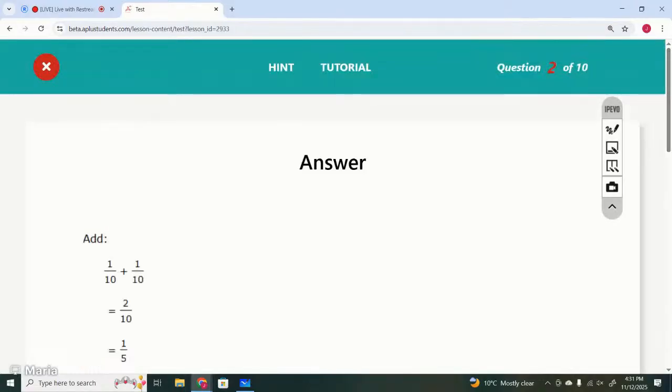Oh, we need to convert it into a smaller fraction. That would be 1 by 5. Sorry, I forgot.